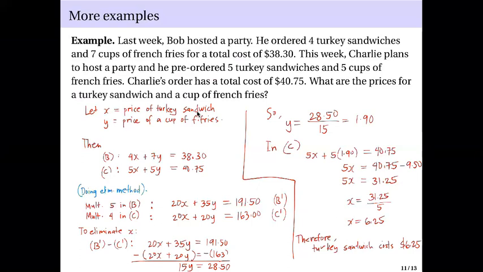And a cup of French fries costs, so the value of y, which is $1.90. And that's the end of the solution.